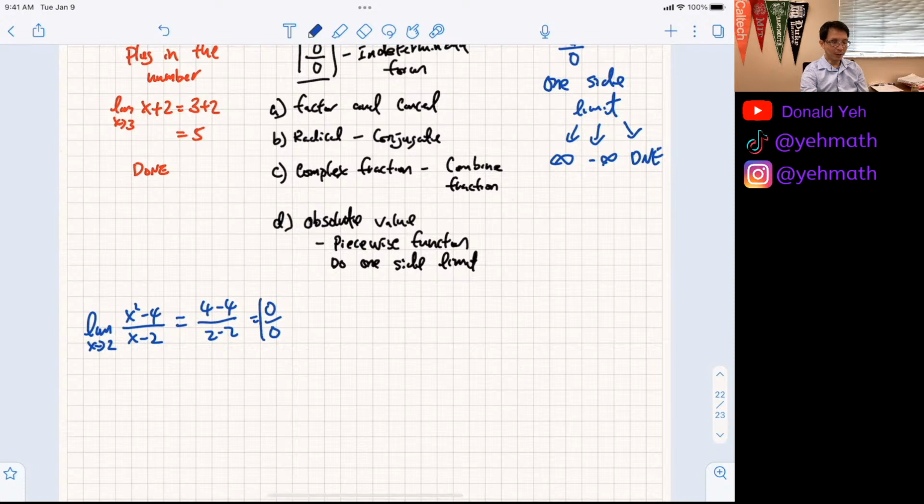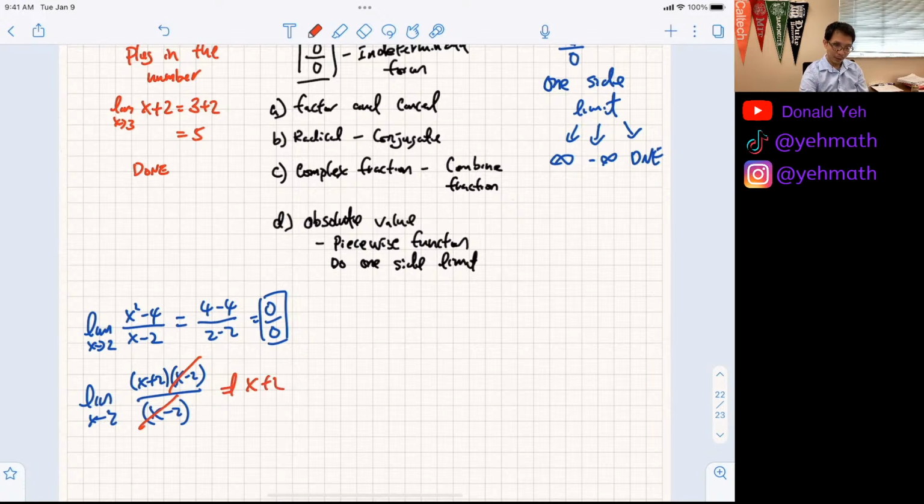So 0 over 0 is indeterminate, so therefore you take the limit as x approaches 2, then you can factor it, right? That's going to be x plus 2 and x minus 2 over x minus 2. And x minus 2 will simplify it down, and that's equal to x plus 2.